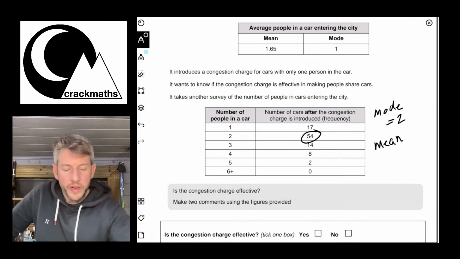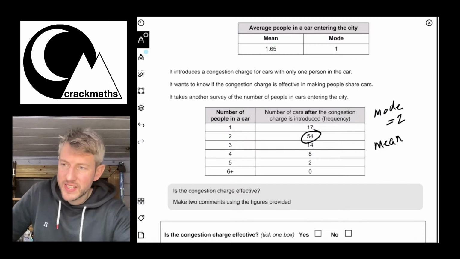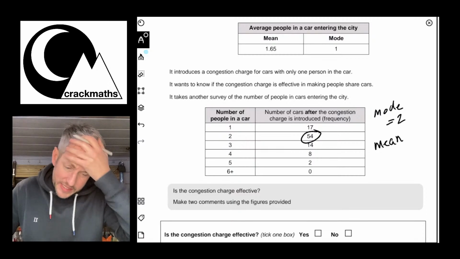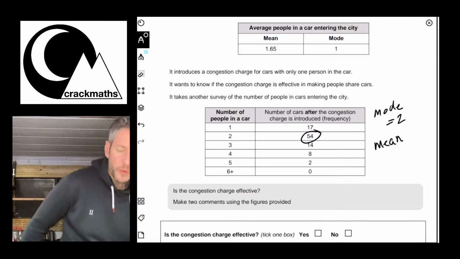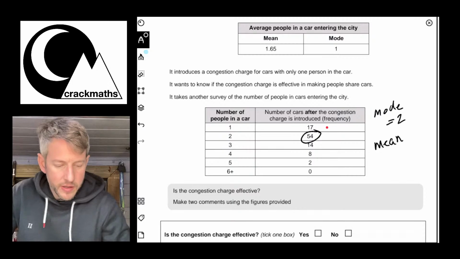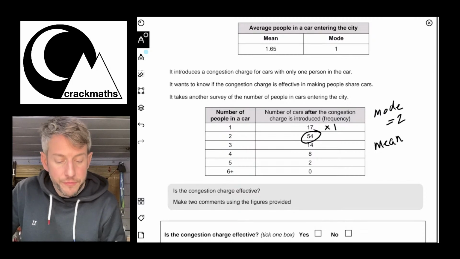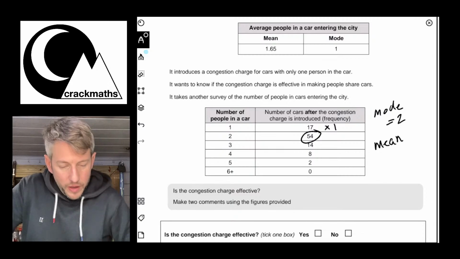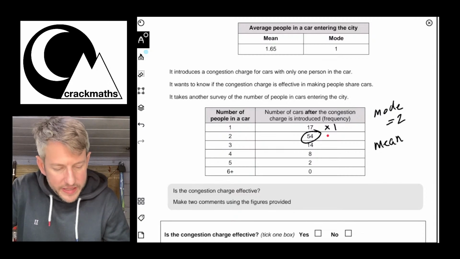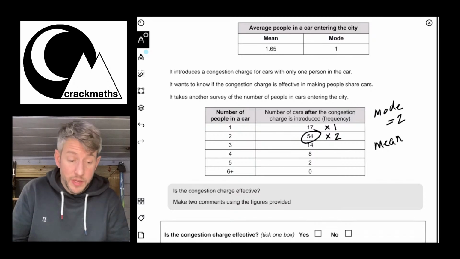So, we need to work out how many people there are, how many cars there were altogether, and then divide it by the number. So, we know that there was 17 cars with one person in. So, we need to do 17 times 1. We know there were 54 cars with 2 people in. So we need to do 54 times 2 to find out how many people there were in those cars.